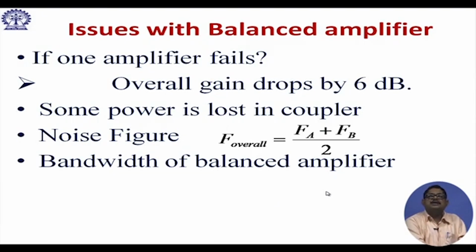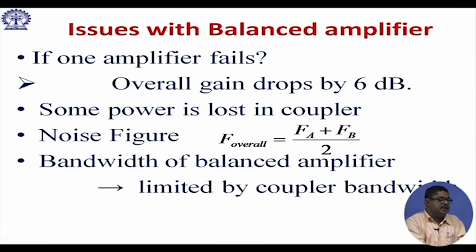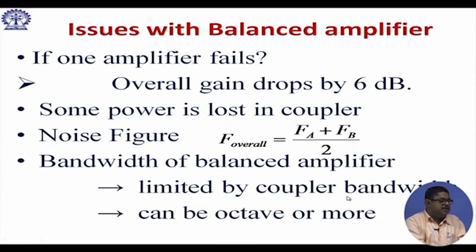So, basically balanced amplifier's bandwidth will be limited by the couplers' bandwidth. Now, couplers typically have 1 octave of bandwidth, that is why we are saying that balanced amplifier can do broadband design, broadband amplification for 1 active bandwidth.